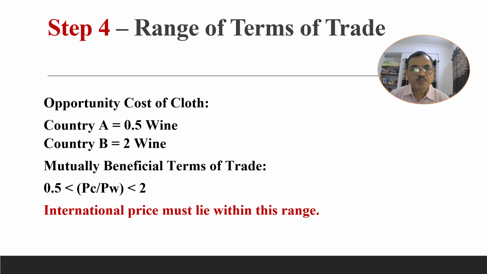Now, in step 4, that is the range of terms of trade. For both countries to gain, the international relative price must lie between their opportunity costs.